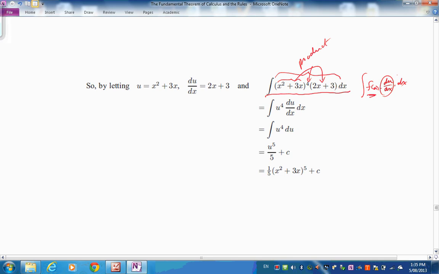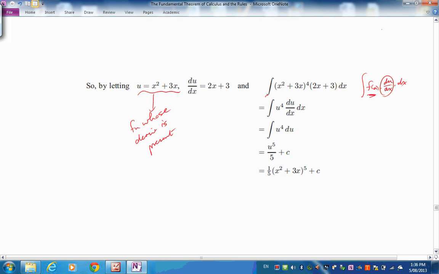Let's prove it. So we let u equal the function in here. Okay, so the idea is you let u be the function whose derivative is present. That's the idea of letting u. You can't let u be u to the fourth. Okay, let's go back and look at this then.